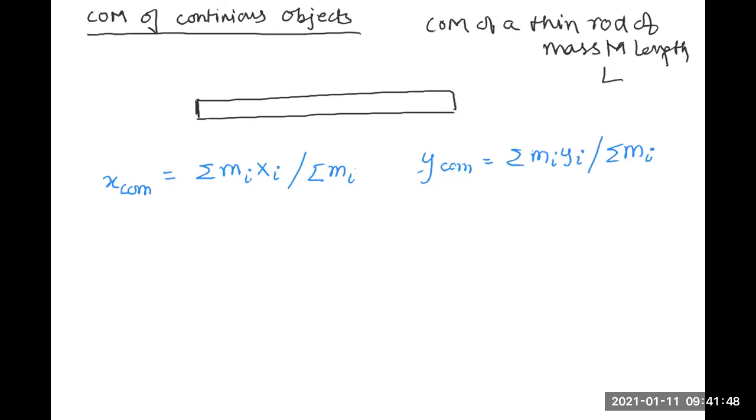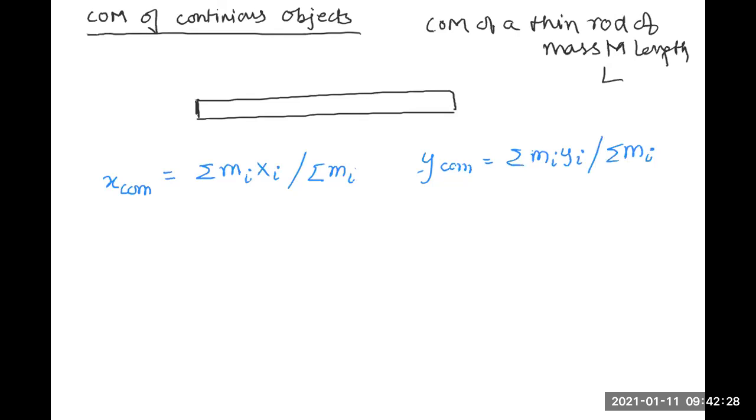Okay, so even if I have a circle and a square, or a sphere and a cube, uniform अगर है वो, then you can always consider them to be discrete objects. अगर मैंने इसका बोला center of mass निकालने के लिए, तो what you will do is you will say, okay, the objects that I'm dealing with are uniform, they are symmetrical, so they can be easily replaced by point particles located at the center of mass.